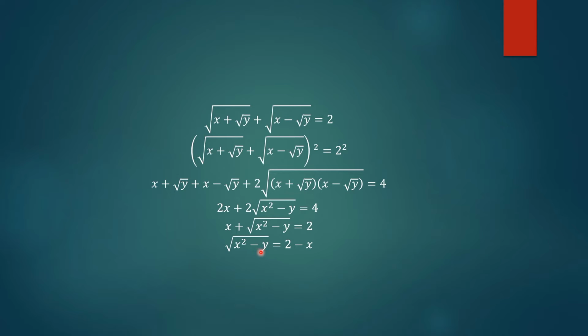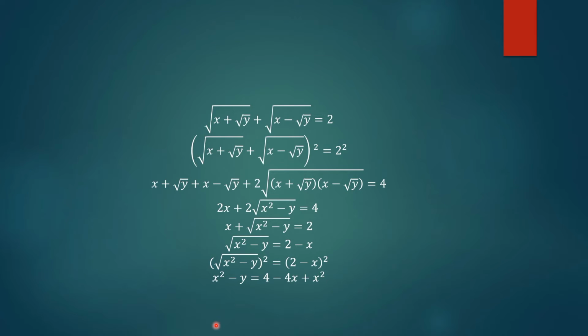So we replicate what we did here. We square both sides again, so that way we take out the square root. Again, a binomial expansion will work.